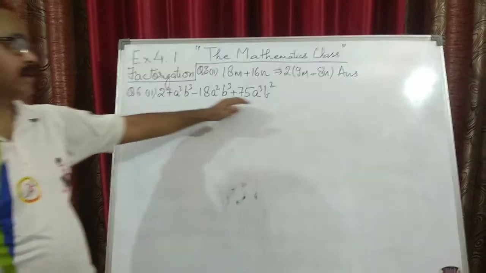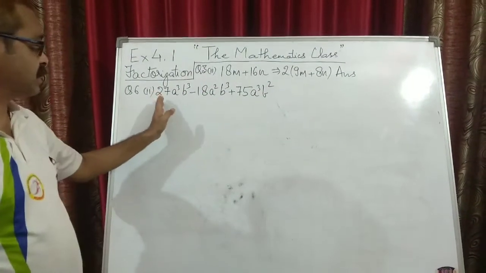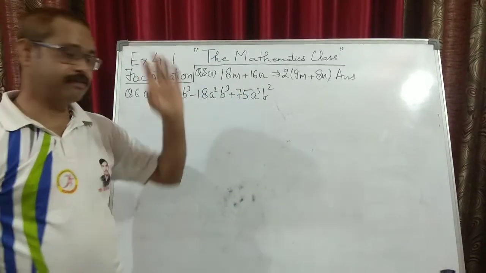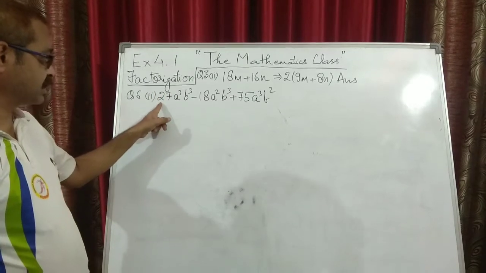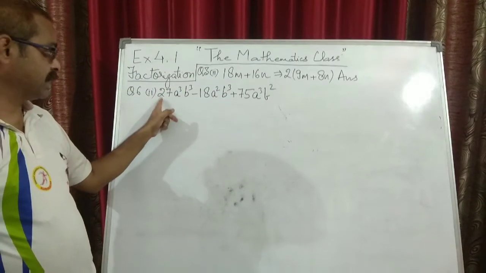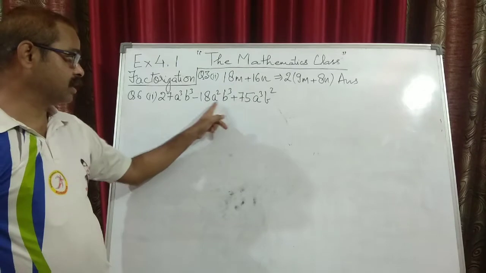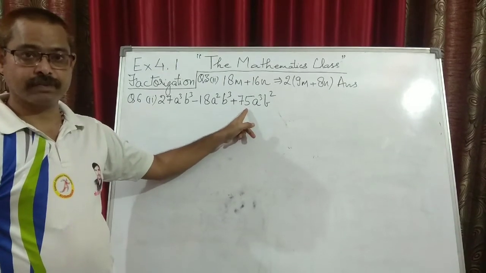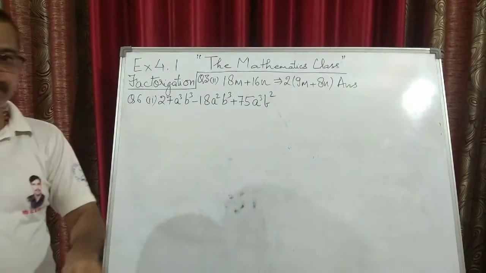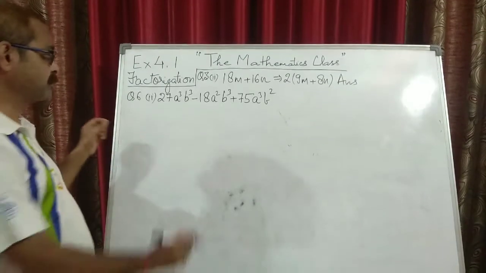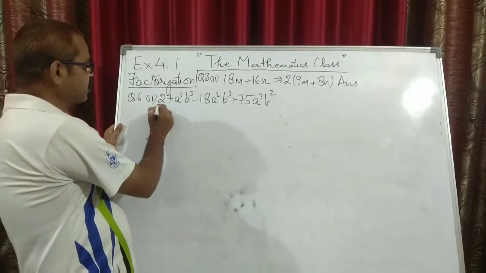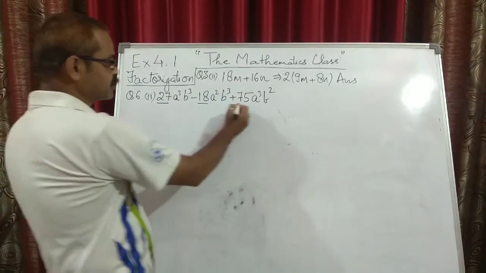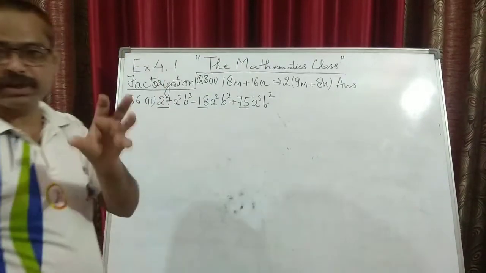Now there are three terms given. 27, 18 and 75 are divisible by 3: 3 nines are 27, 3 sixes are 18, and 3 25s are 75. There is no common factor other than 3, except 1 which we leave. So 3 can be taken common from all these numbers.